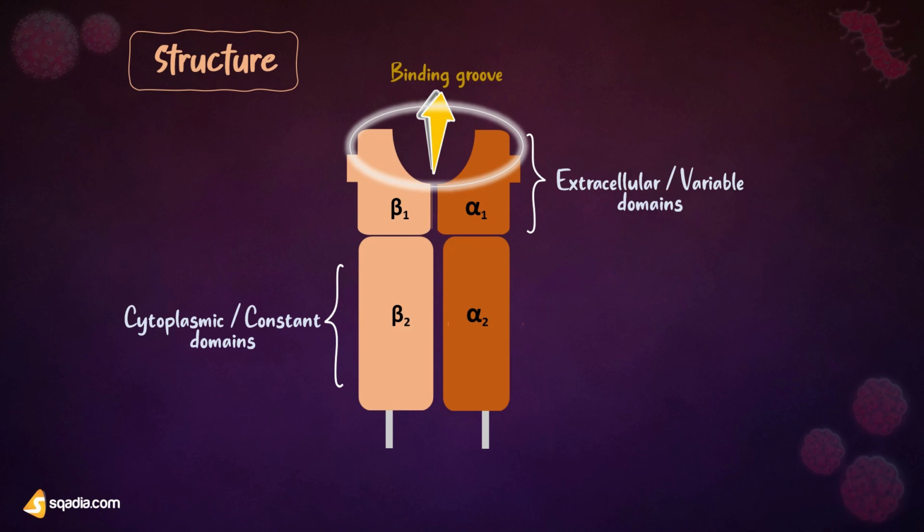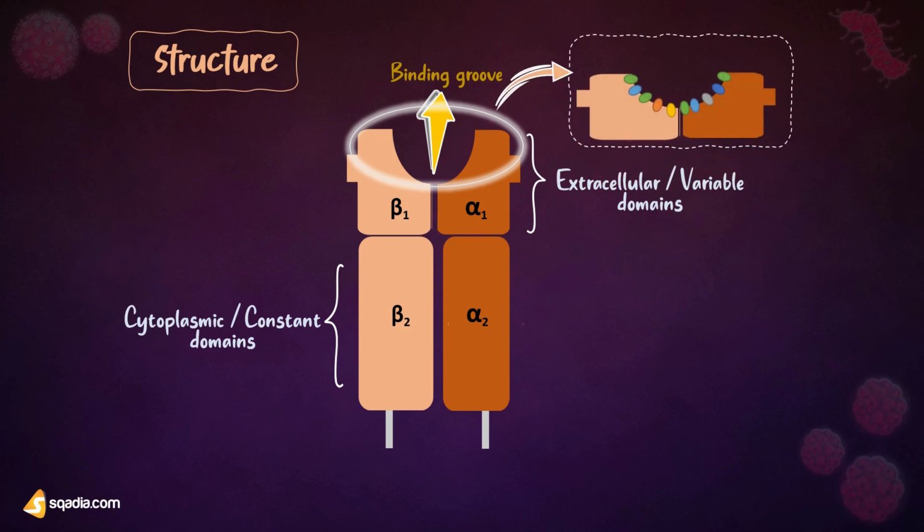And in this binding groove, there are variable amino acid sequences responsible for the polymorphic nature of MHC, and thus its binding with a large number of antigens. But in comparison to MHC I molecules, the Class II binding site or groove for peptides is more open, so that longer peptides that are 30 amino acid residues or longer can fit into the site and overlap at either end.